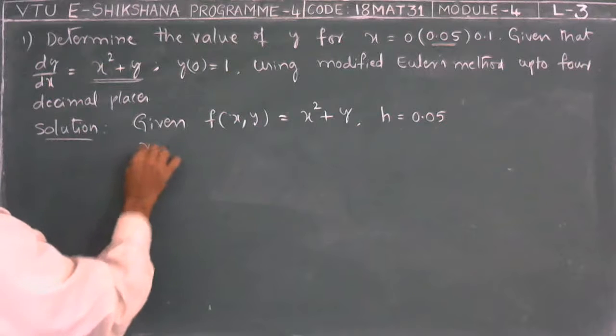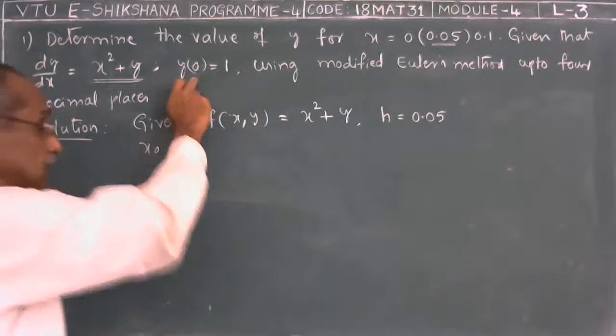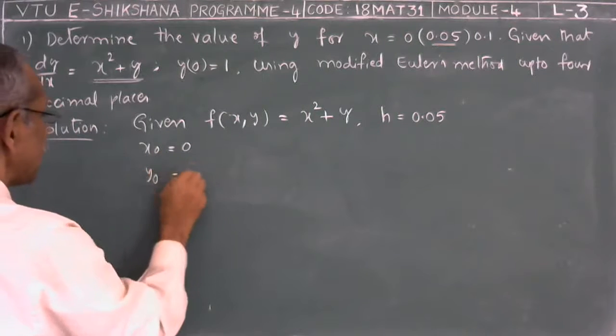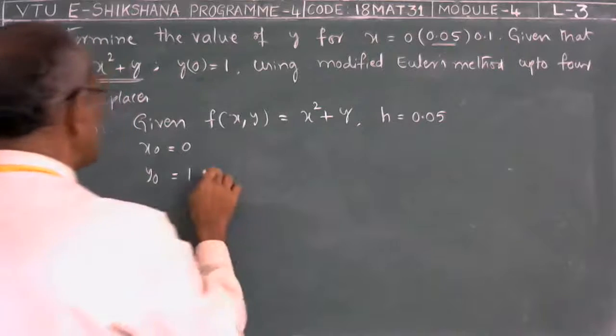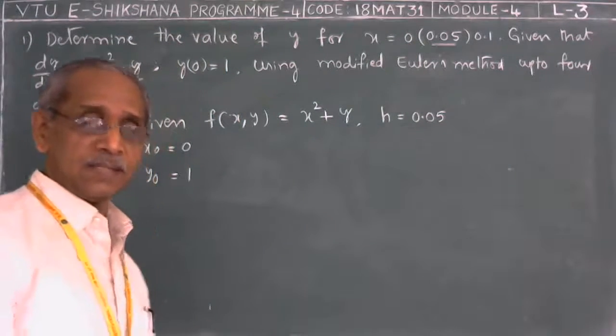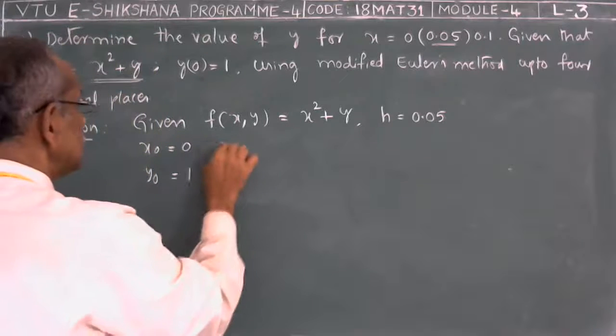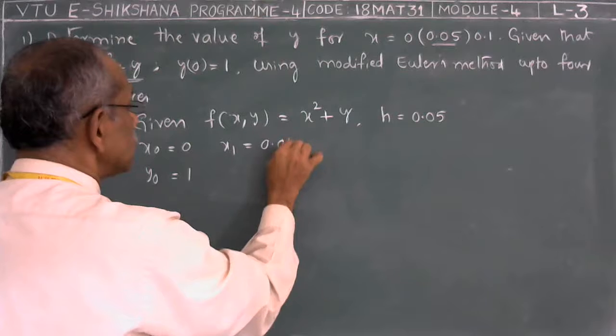Now, what is x naught? x naught is equal to 0. The corresponding value of y naught is 1. The next value of x is add h to x naught, that is 0 plus 0.05. This is your x1, 0.05.